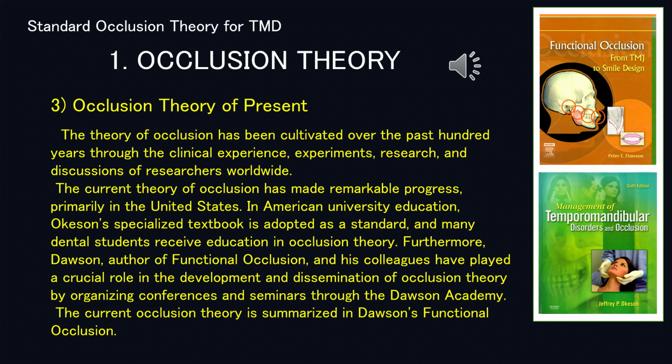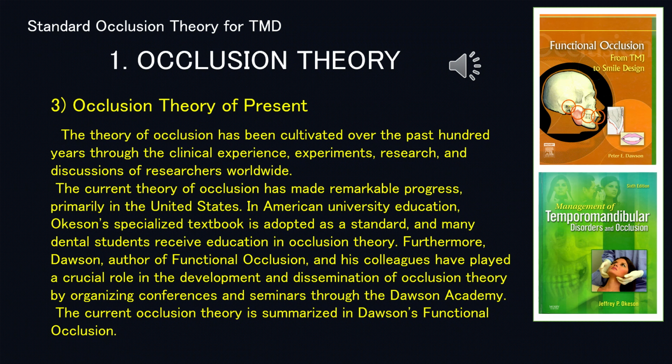3. Occlusion theory of present. The theory of occlusion has been cultivated over the past 100 years through the clinical experience, experiments, research, and discussions of researchers worldwide. The current theory of occlusion has made remarkable progress, primarily in the United States.